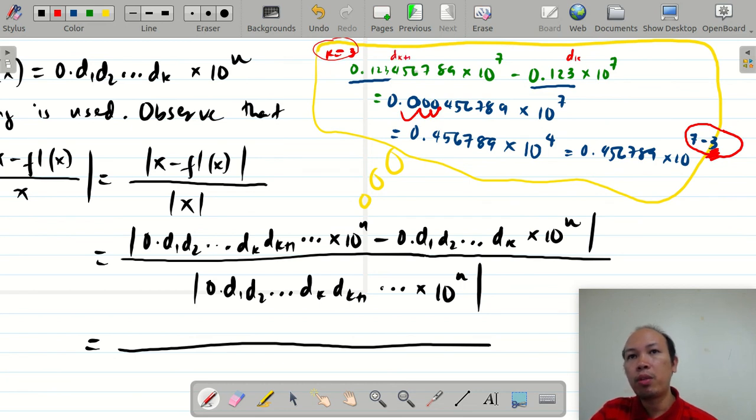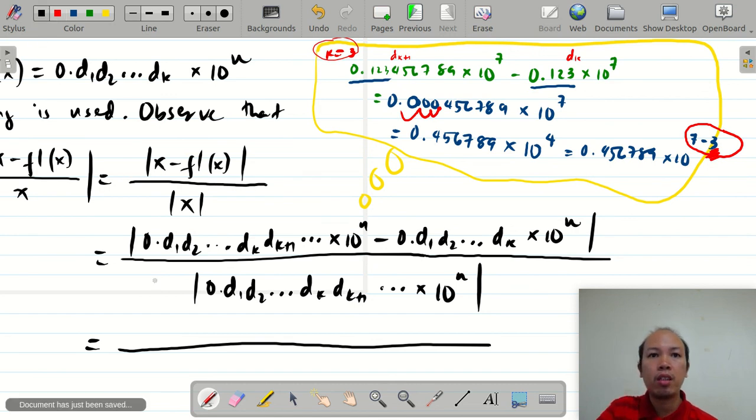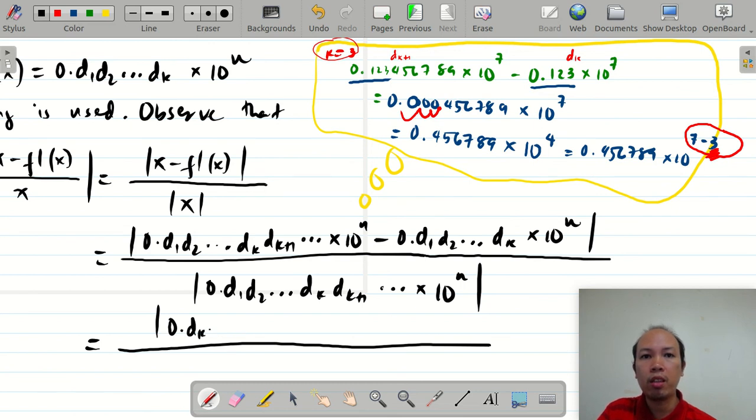Our d sub k plus 1 is 4, d sub k plus 2 is 5, so meaning to say this will be 0. d sub k plus 1, d sub k plus 2, d sub k plus 3, dot dot dot, times 10 to the n minus k.